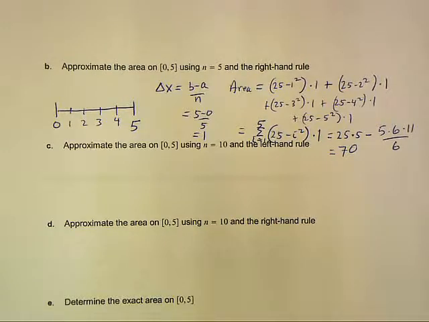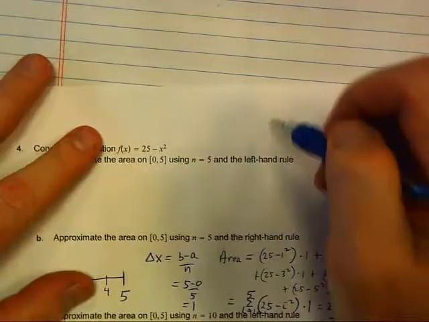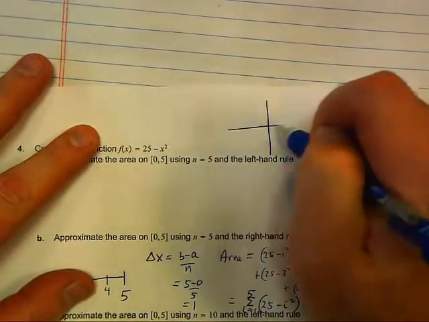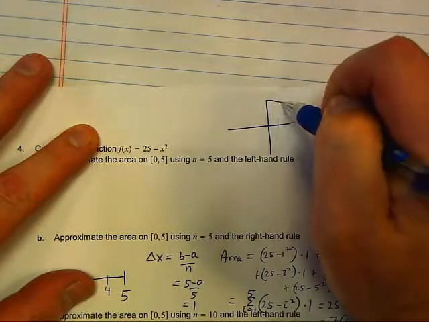Is it going to be too big because we're using right hand? Sometimes the right hand is too big, sometimes too small. It depends on the graph. This graph, 25 minus x squared, is a parabola coming down.